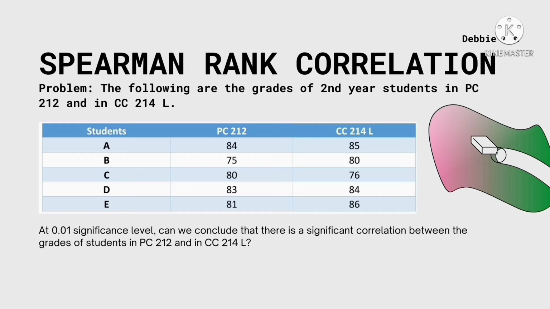Student D: PC212 83, CC214L 84. Student E: PC212 81, CC214L 86. At 0.01 significance level, can we conclude that there is a significant correlation between the grades of students in PC212 and in CC214L? Our n is 5 because there are 5 samples.